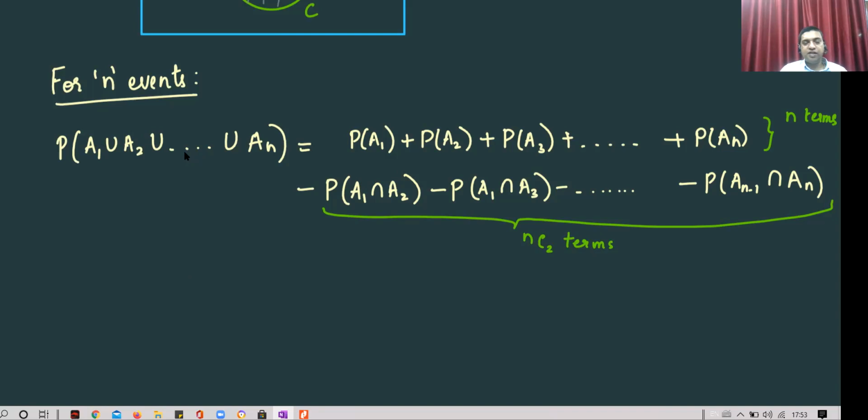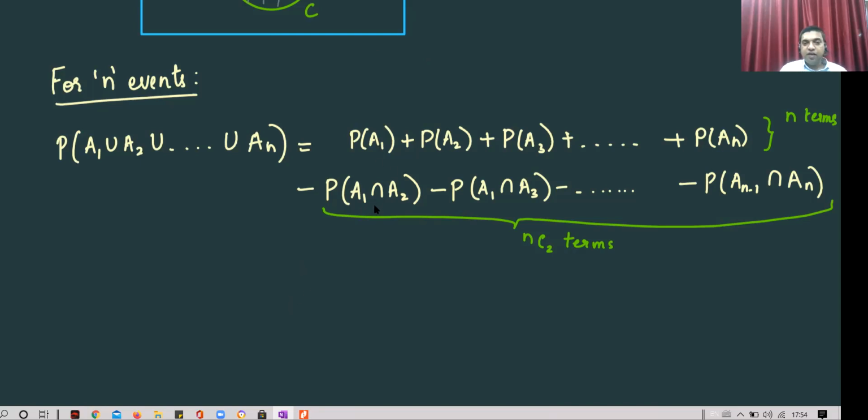In how many ways can you select any two? NC2, and that will pair. Okay, so NC2, got it? Clear?